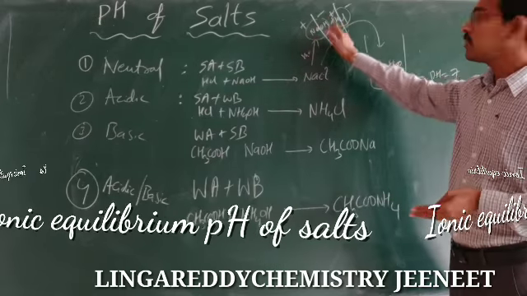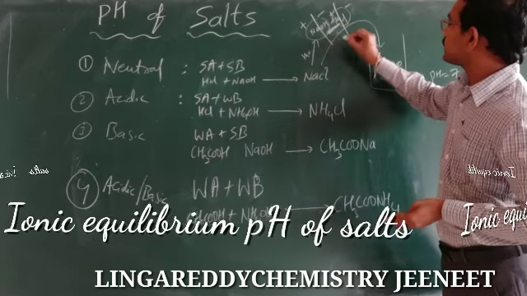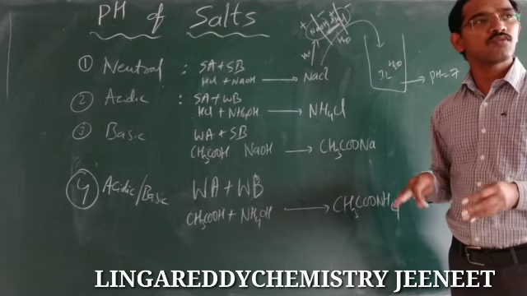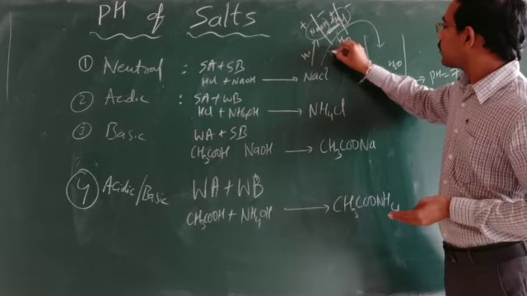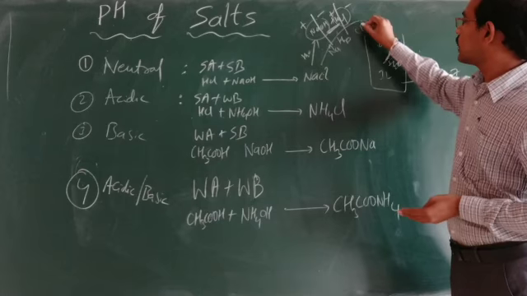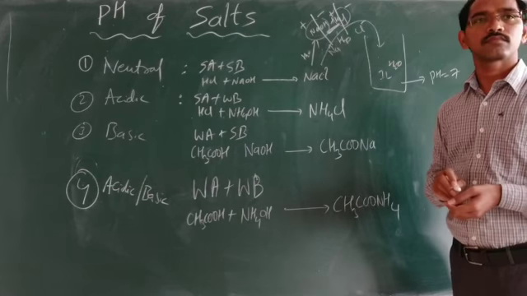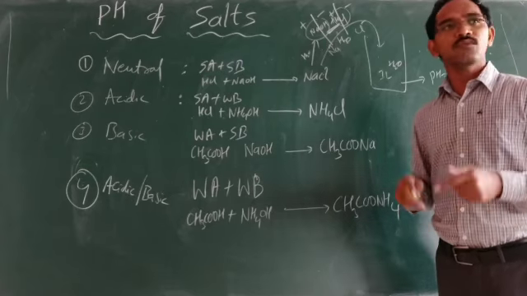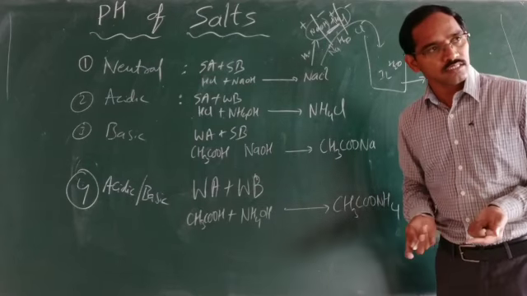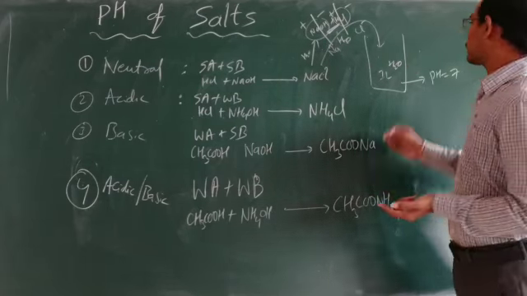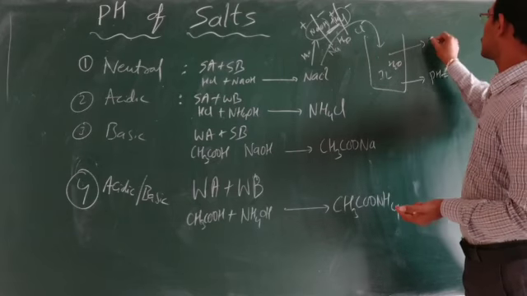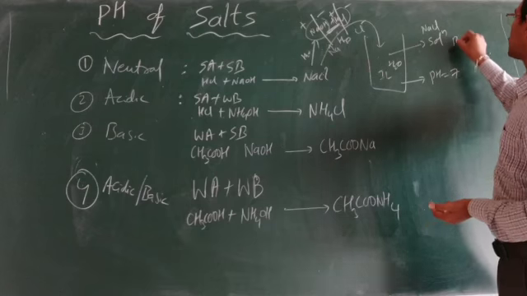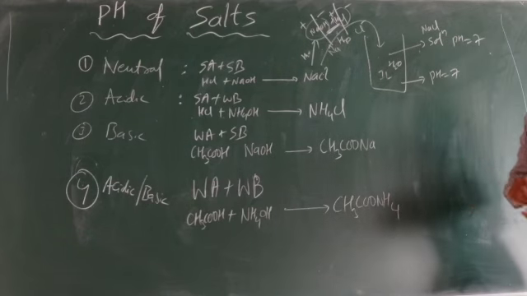Okay? Separated. This OH minus and H plus form water. In the NaCl solution, what are there? Na plus and Cl minus. Resultant, are there any excess H plus or OH minus ions? No. That's why the pH value of the NaCl solution is also 7.